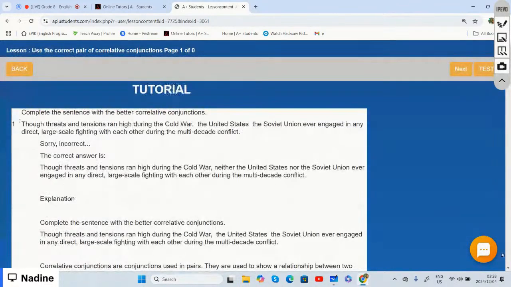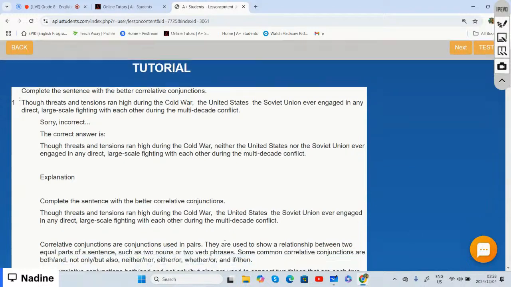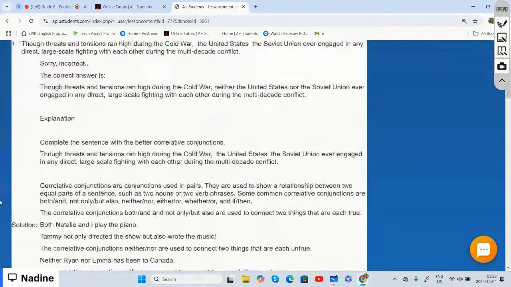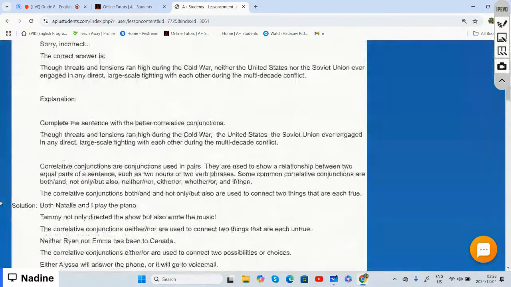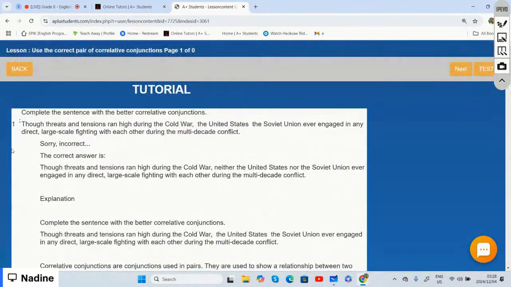We're going to look at a few sentences and then we're going to do our test. We need to complete the sentence with the best correlative conjunctions.